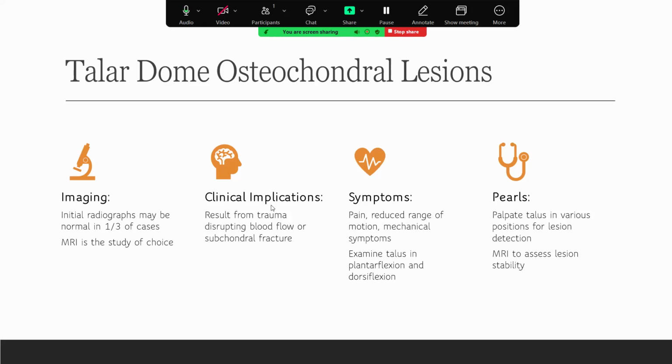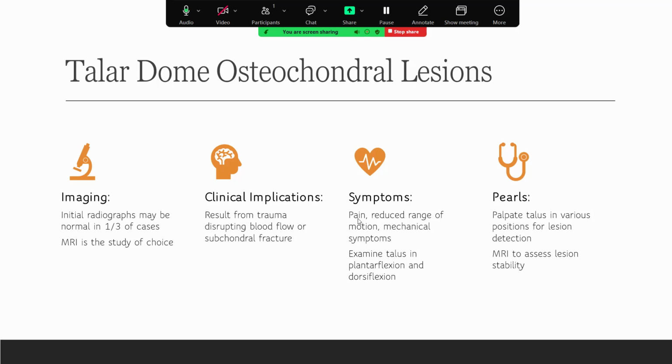So this is resulting from trauma disrupting blood flow or a subchondral fracture. It just depends on the exact mechanisms occurring over there, because you have quite a significant blood supply that runs through that area. And should that blood supply be cut off, and it's a watershed area, it can cause problems.